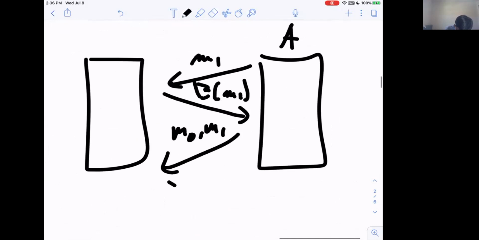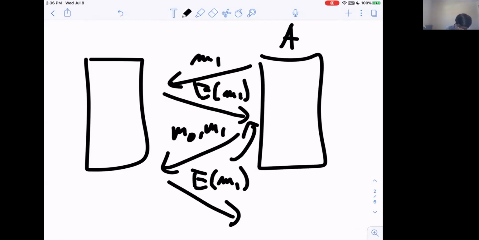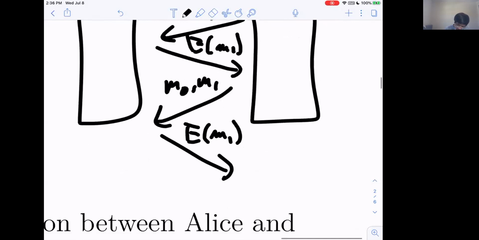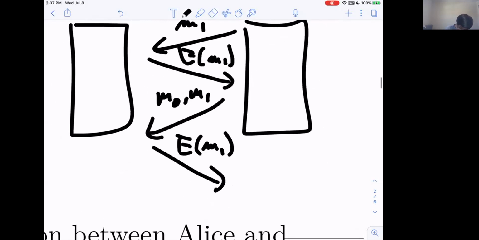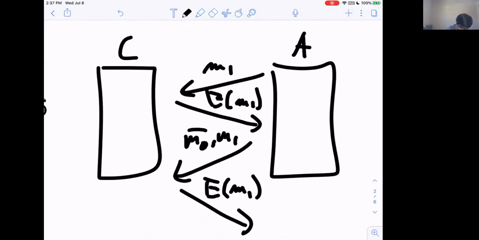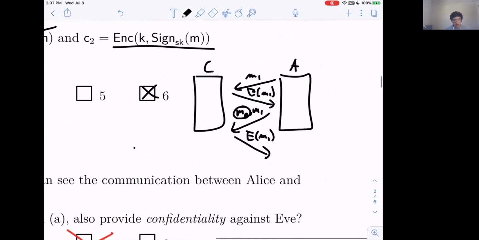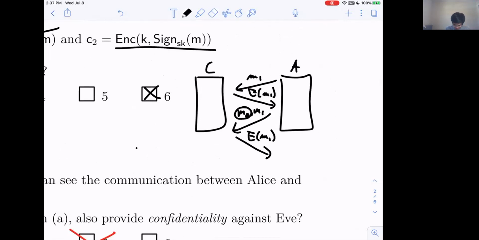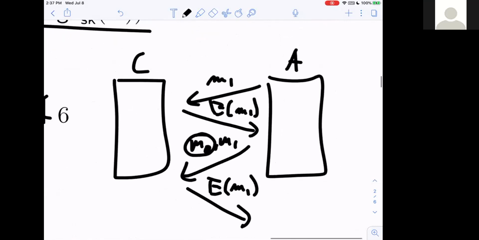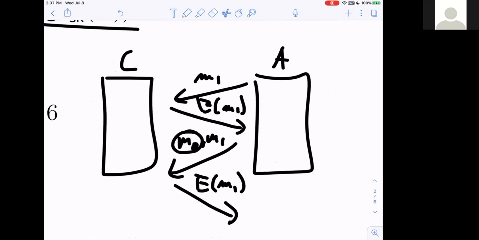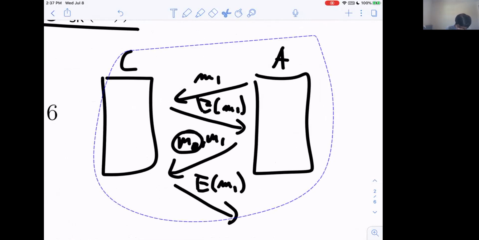If he gets back the same encryption as before, then he knows that the challenger encrypted M1, else they encrypted M0. So does that make sense how that breaks CPA? Yeah. Okay.